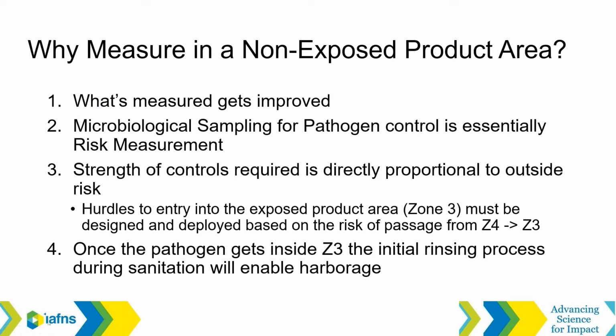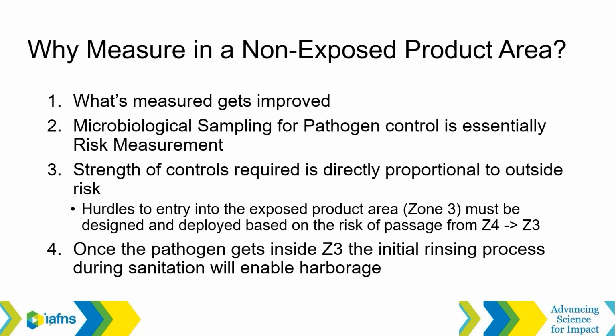So the strength of controls required as people, equipment, and materials move from Zone 3 to Zone 4 is directly proportional to the outside risk, or the likelihood of transfer occurring. This is why we measure in non-exposed product areas, or Zone 4.